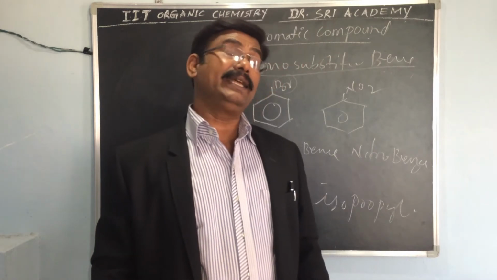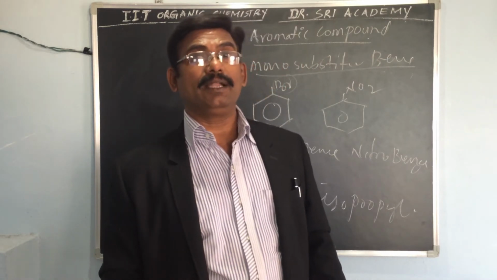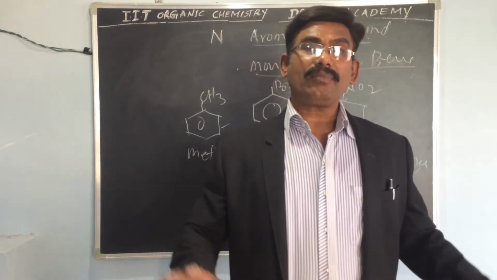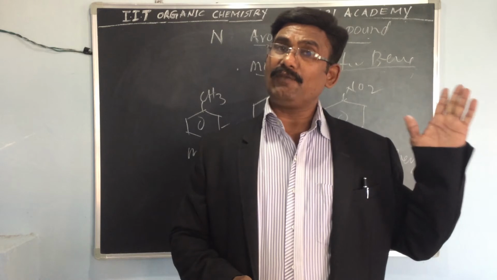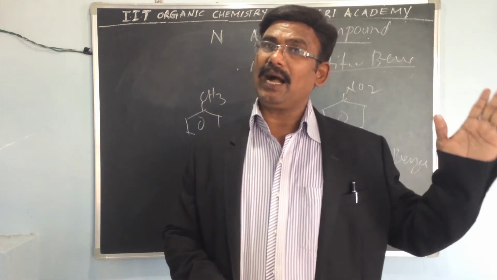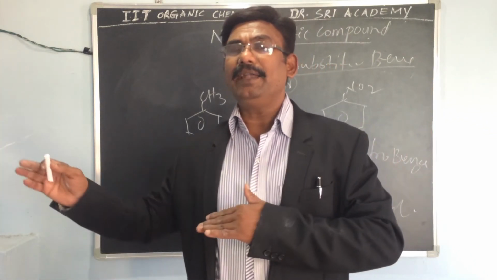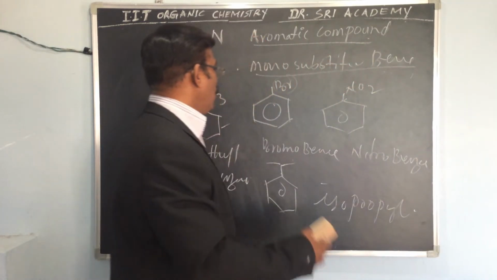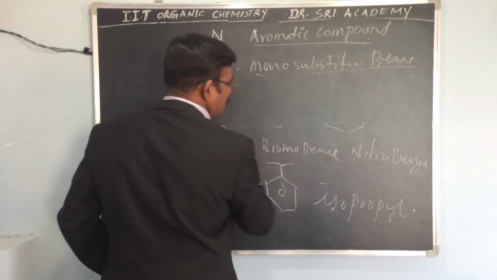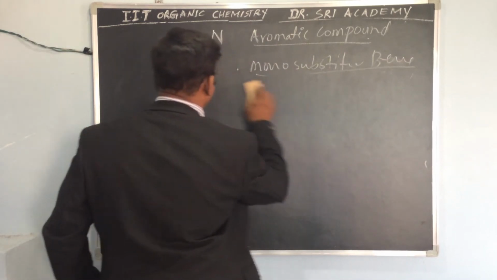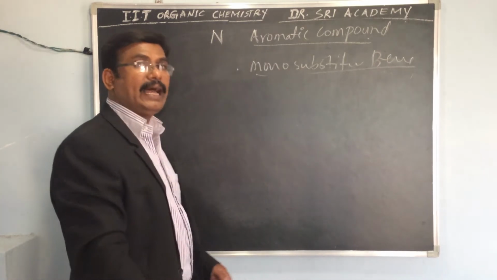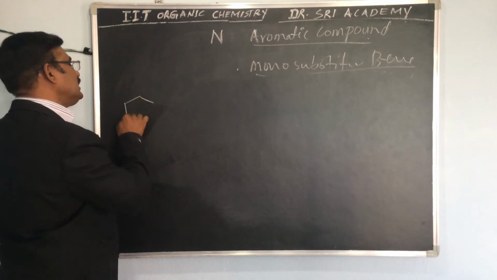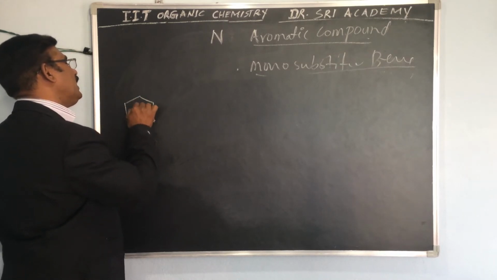For example, IUPAC accepts these root names. Decreasing priority depends upon the functional group. So I will write the priority: acids, sulfonic acids, aldehydes, alcohols, amines, methoxy and methyl. If these are present, how can you give the names? In decreasing order of priority, this one is the acid, the highest priority.